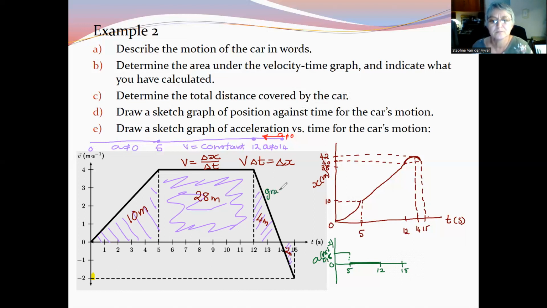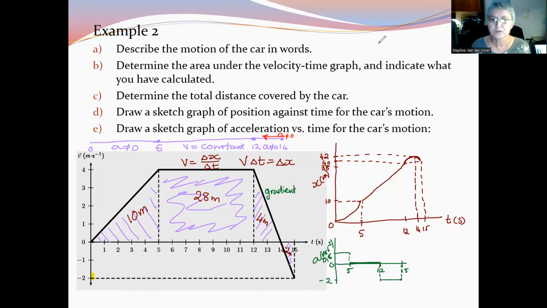So this is one straight line, and the gradient would be minus 4 divided by 3, which is -2. An acceleration of -2 meters per second squared from the 12-second mark to the 15-second mark.